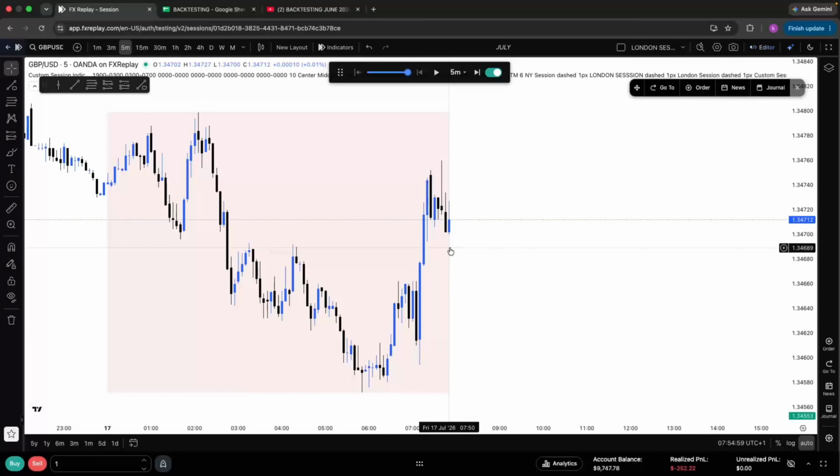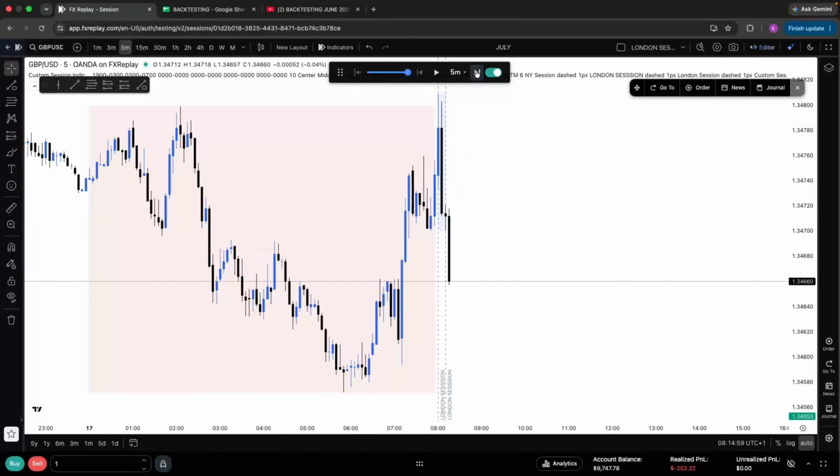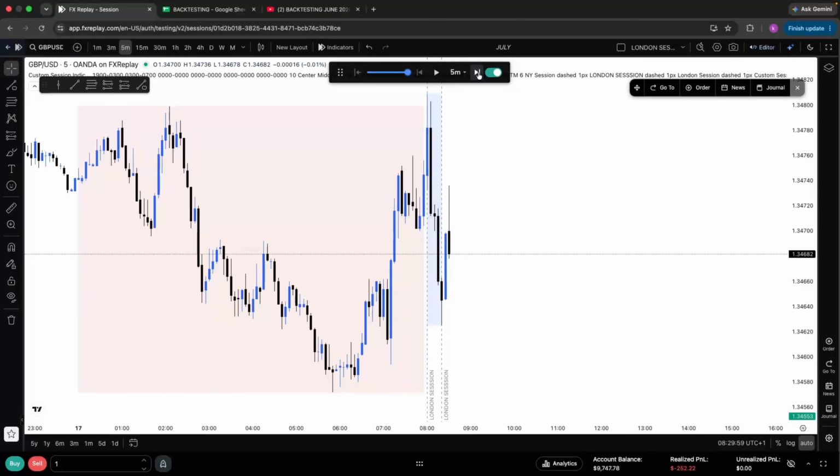Friday on this session. Double top. I'm gonna say it broke that structure.